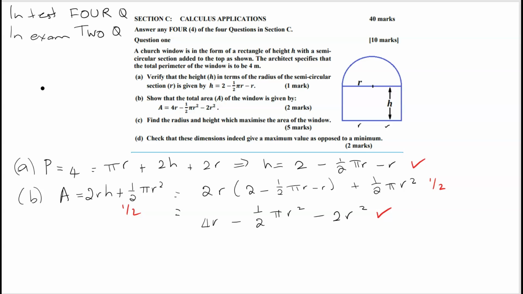Now the next part, part C, says find the radius and the height which maximizes the area. So part C says max area. Now you had the statement that said that A was equal to 4r minus a half pi r squared minus 2r squared.